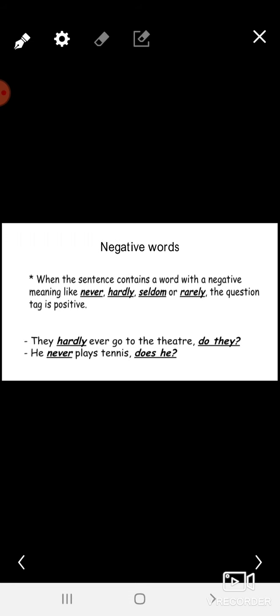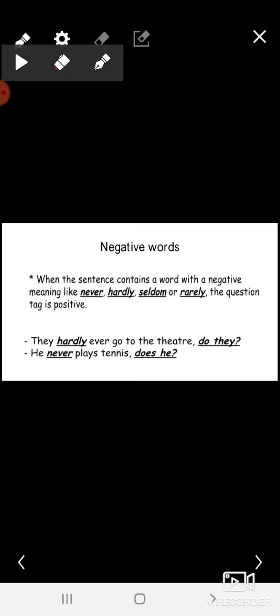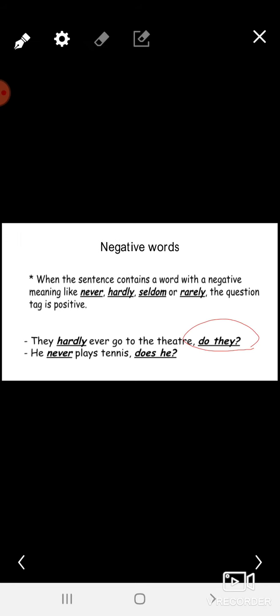Never, hardly, seldom, rarely. If we have one of these words in the statement, this statement is negative. So what should we do with a negative statement? The tag question should be positive.